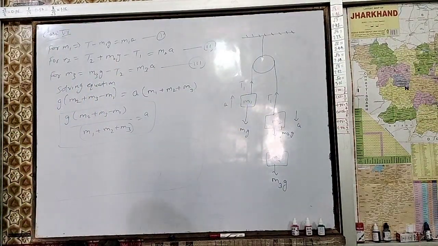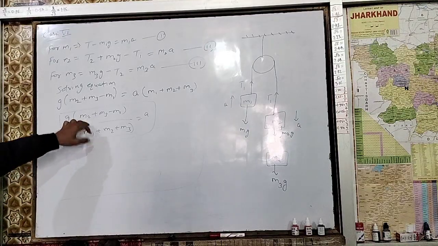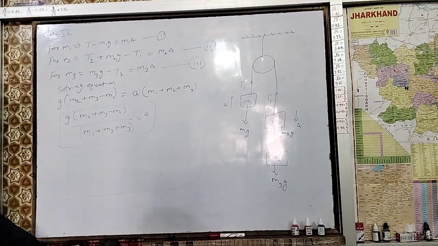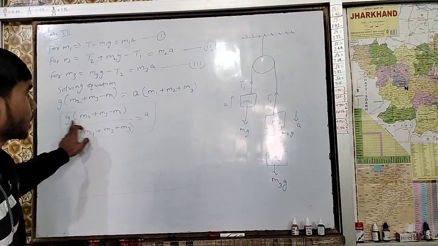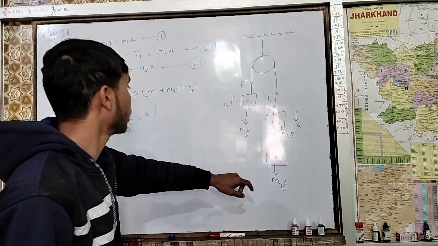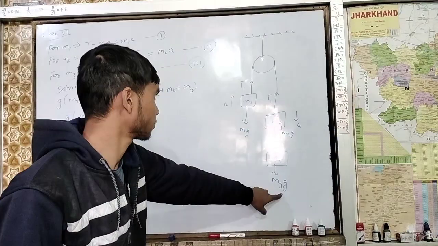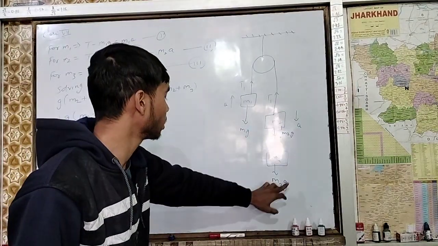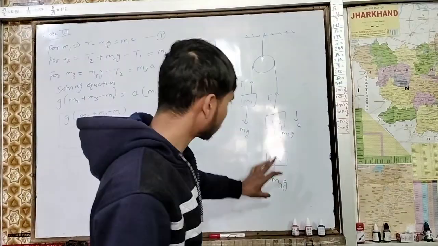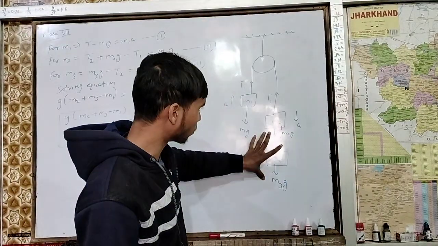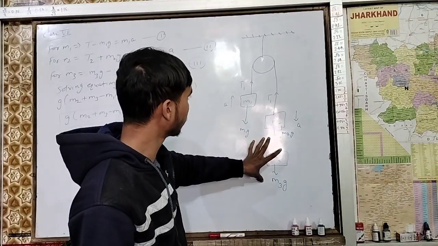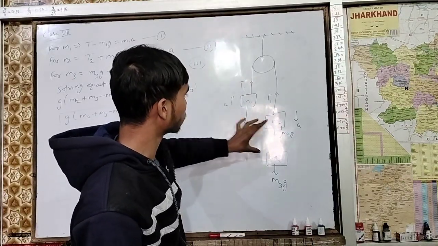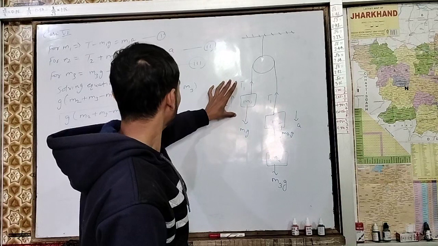Okay, so net force upon total mass is equal to A. M2Z plus M3Z. These are total force, okay? Total force, which is downward. Total force minus upward force.